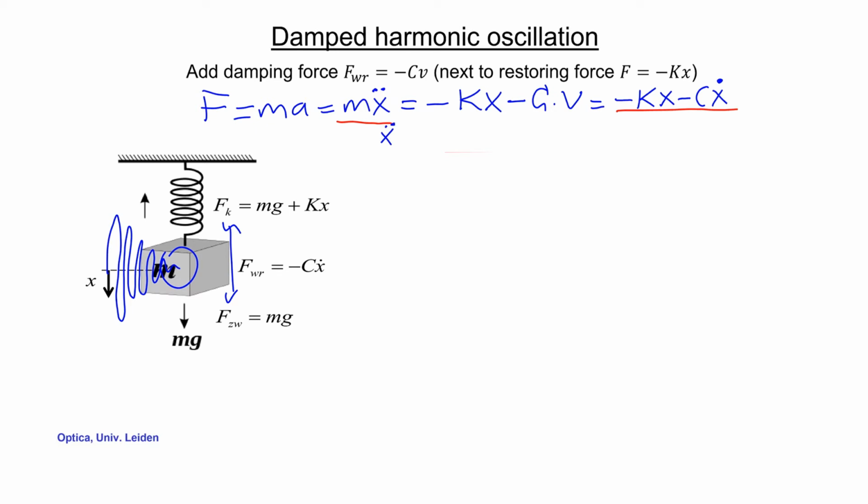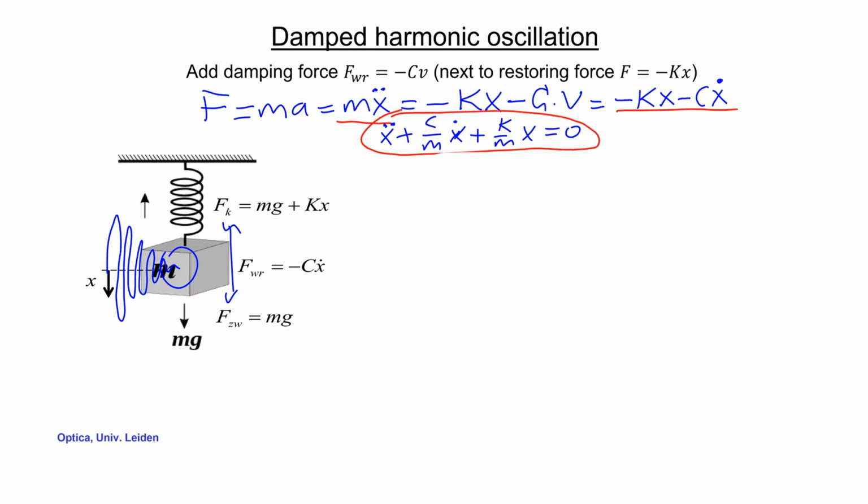If you do that, you get an equation of the form: the double derivative of x plus c over m times the single derivative plus k over m times x is 0.